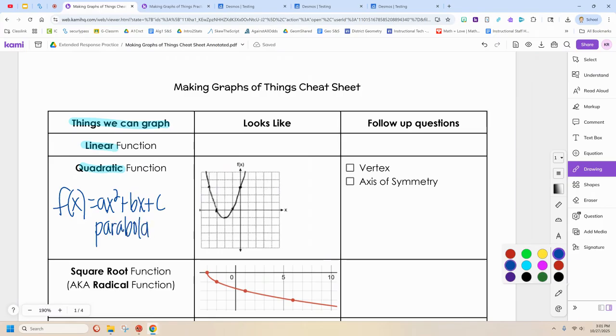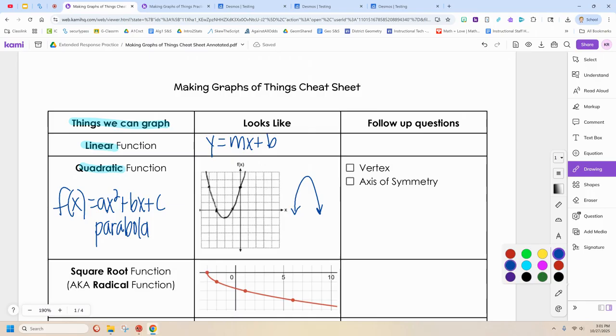Linear functions are usually in the form of y equals mx plus b, but not always. So quadratic functions turn out to be a parabola. It can open up or it can open down.